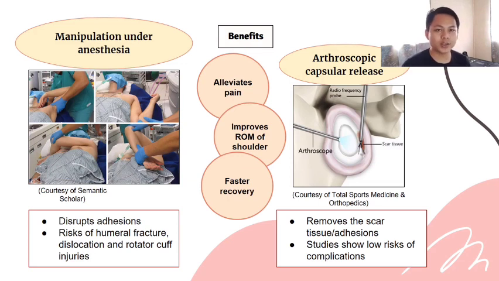Then the doctors will perform manipulation on the shoulder joint, doing movements and stretches on the joint, which is intended to break up any fibrous and scar tissue to relieve pain and improve the range of motion.